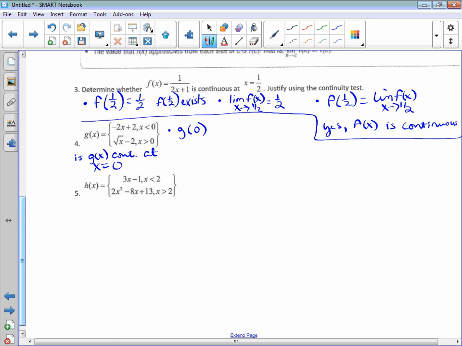Which equation includes 0? Neither of them. So does g of 0 exist? g of 0 does not exist. Therefore, g of x is not continuous. You don't have to do the rest if it's not going to work.